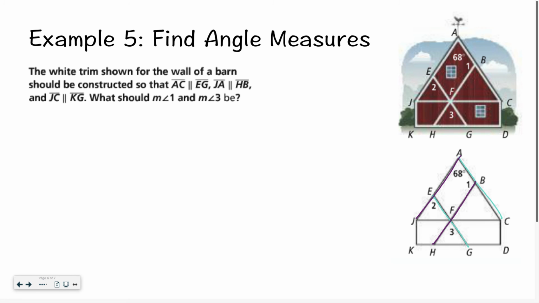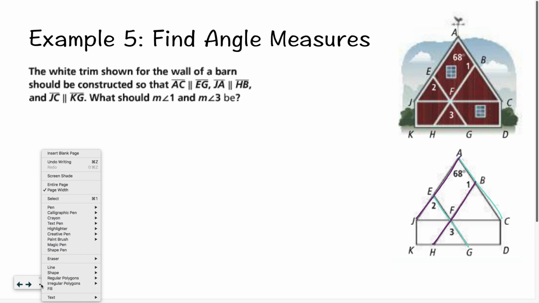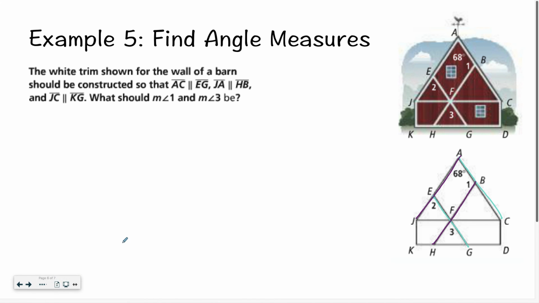And we have one more set, so I'm just going to choose a different color. And we have segment JC is parallel to segment KG. All right? So all of our parallel lines are highlighted in the same colors, okay?